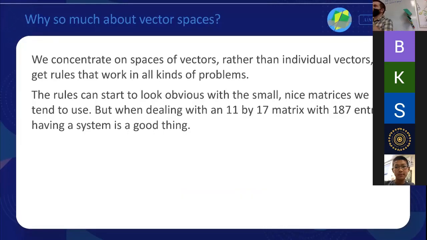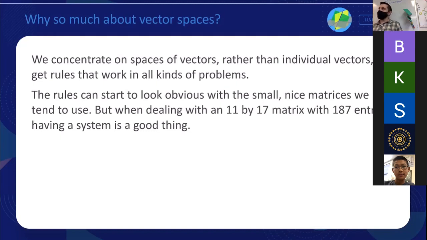Linear algebra is geared towards being able to solve a problem of any size, which is why it works so well with computers and things like that. So if we were to start seeing really large matrices, you don't want to just poke at random things and see what happens. You want to have this kind of generalized solution where I'm like, okay, I've got this 11 by 17 matrix. I've got 11 equations with 17 unknowns in them. What do I need to do to solve? What types of solutions will there be? Will there be any solutions? You're trying to generalize this to any size that we look at.